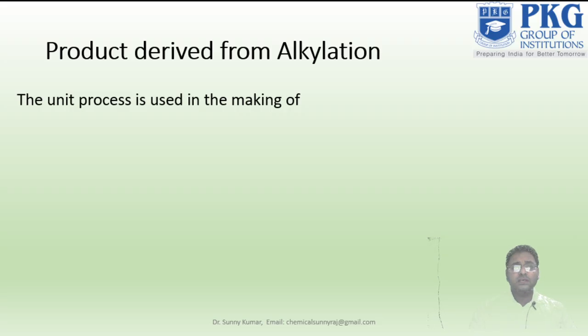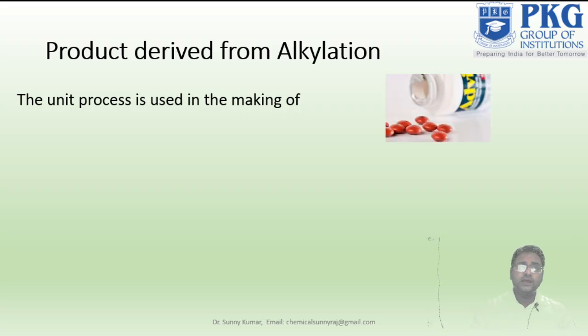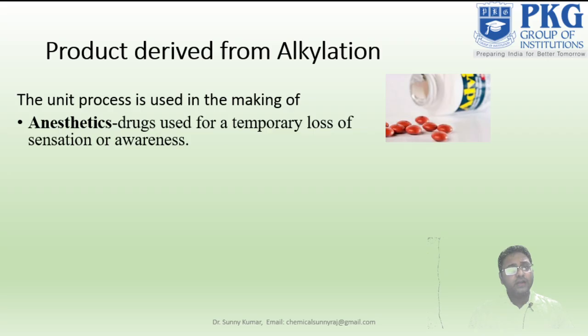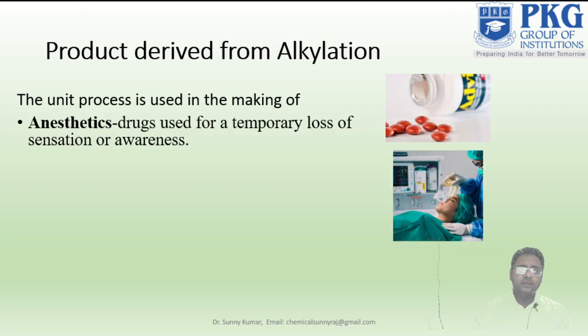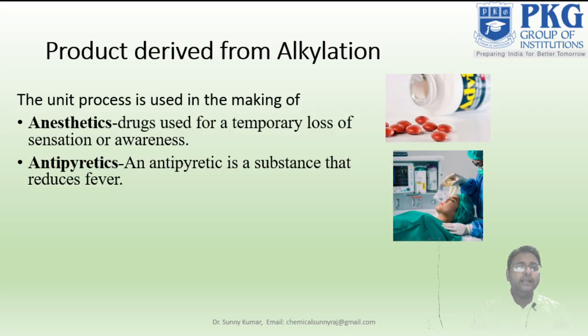The unit process is used in making different types of drugs, like anesthetics, which are used for temporary loss of sensation or awareness, and antipyretics, substances that reduce fever. These drugs require the alkylation reaction.